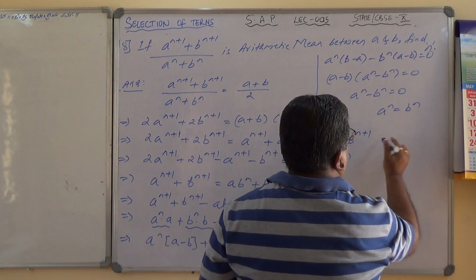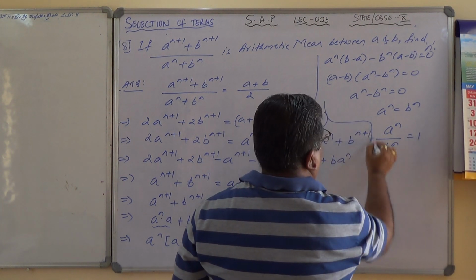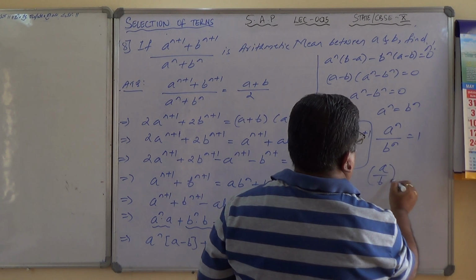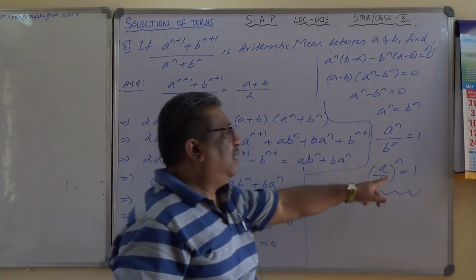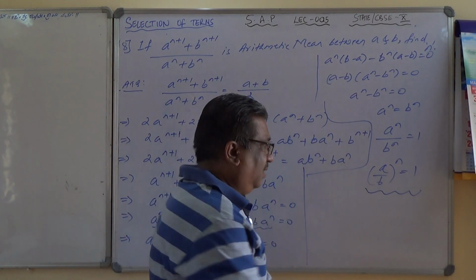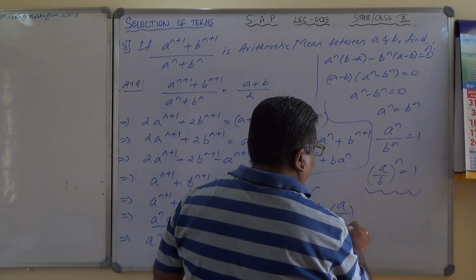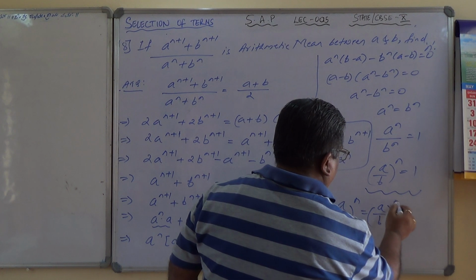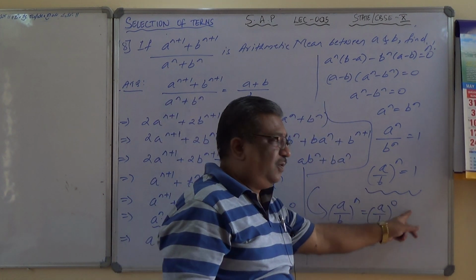So a to the power n by b to the power n equals 1 here. So (a by b) to the power n equals 1. Okay, I'll write 1 as, check here, anything to the power 0 is 1 basically.